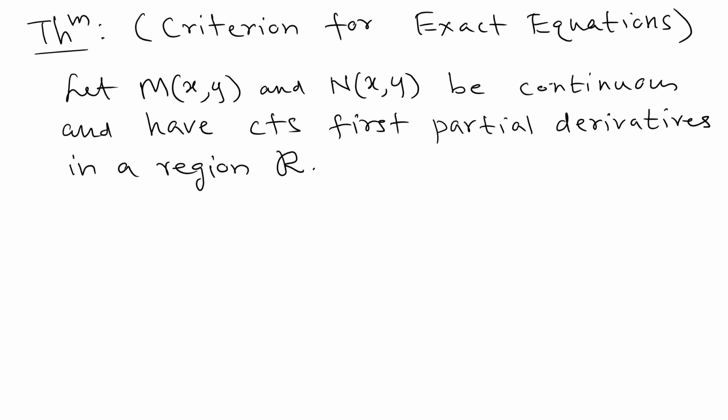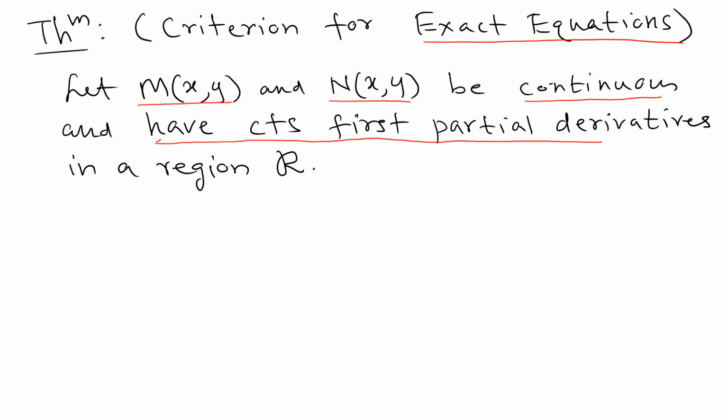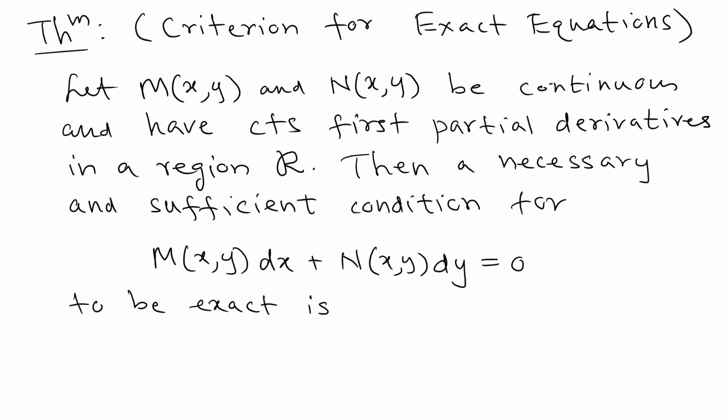Let's say we have M(x,y) and N(x,y), the same two functions we talked about. They have to be continuous, and they also have to have continuous first partial derivatives, in an open region R. Then the necessary and sufficient condition, that means it works both ways, for M(x,y) dx plus N(x,y) dy equals 0 to be exact is this nice condition.